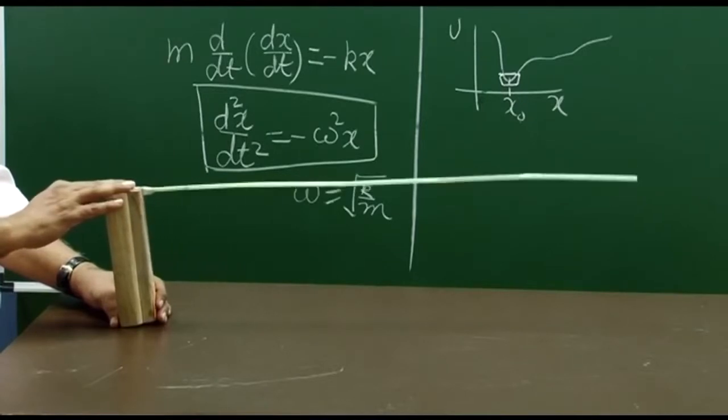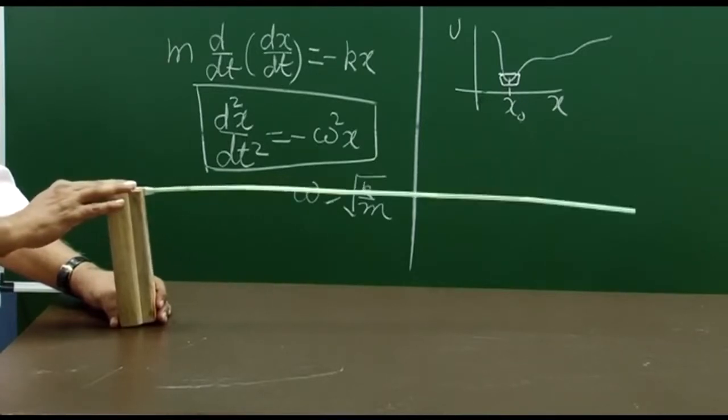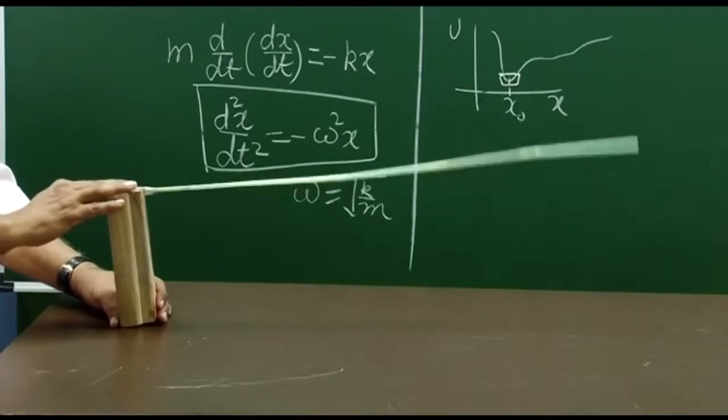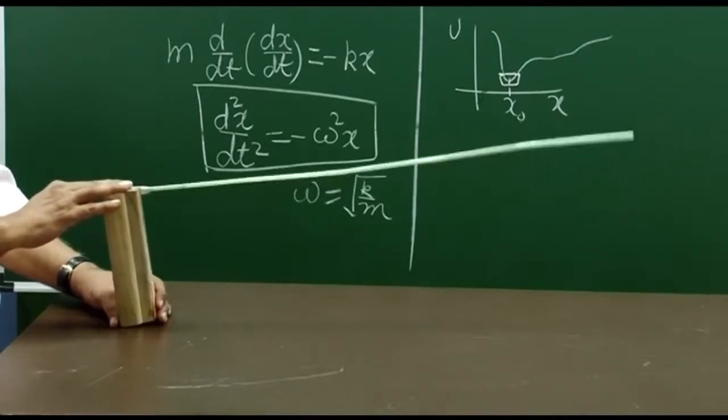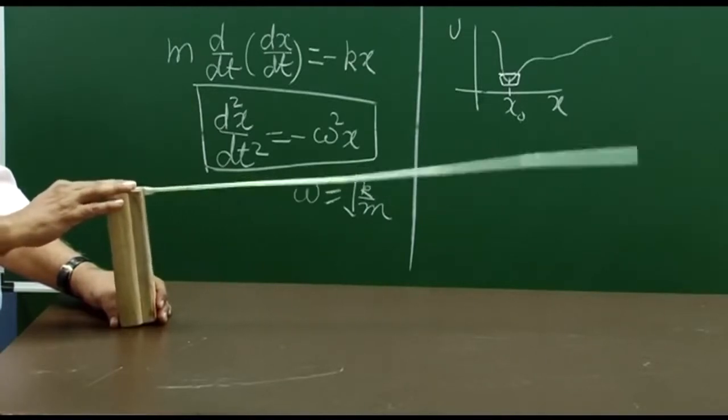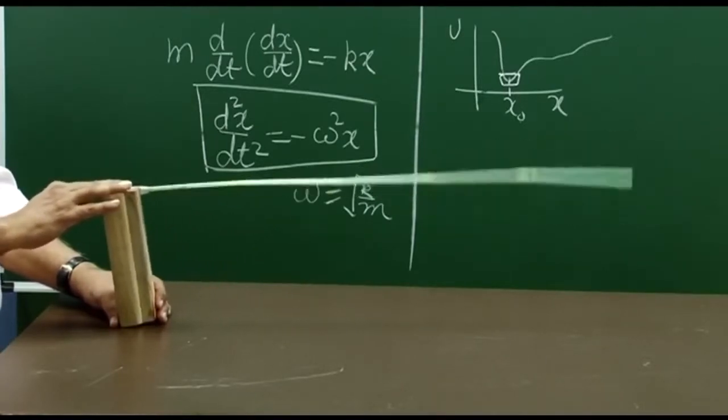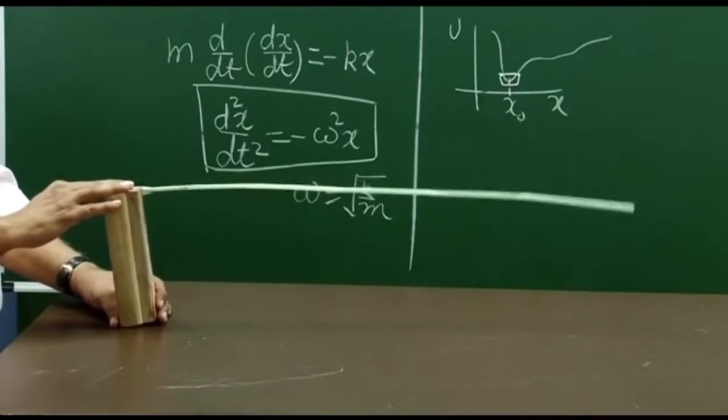But at that particular intermediate frequency, a small displacement of the finger at the right frequency creates a much larger amplitude at the tip of this straw.